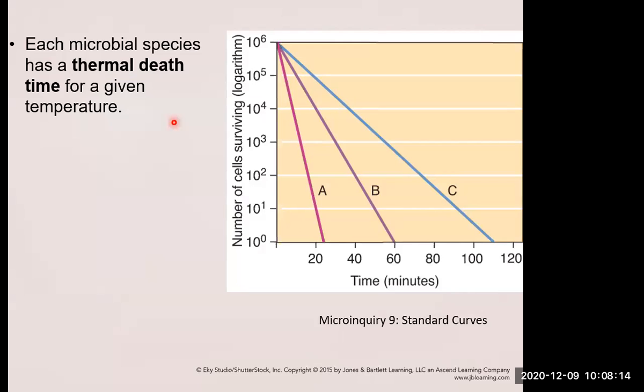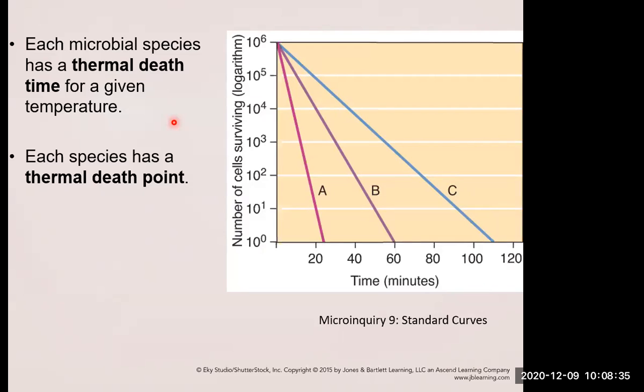So if we're talking about heat, we have some definitions that we can apply. The thermal death time is the time that it takes at a certain temperature to kill organisms.